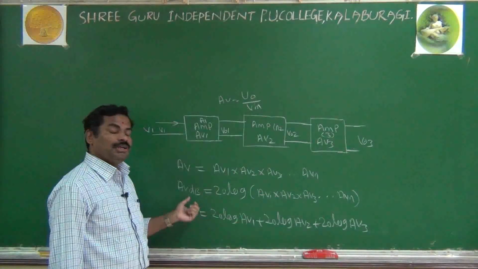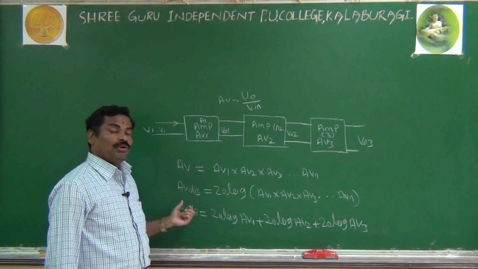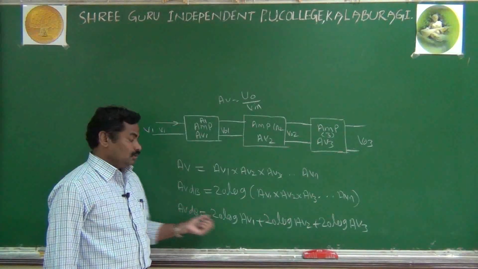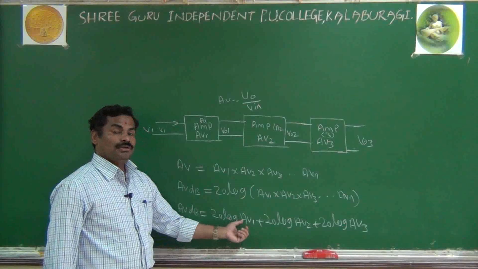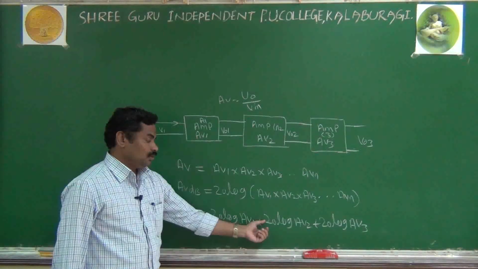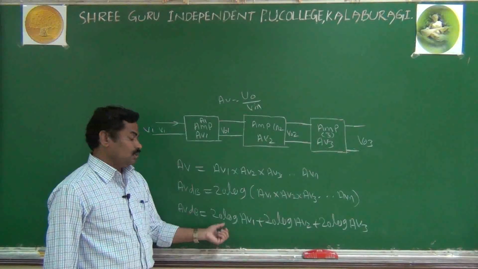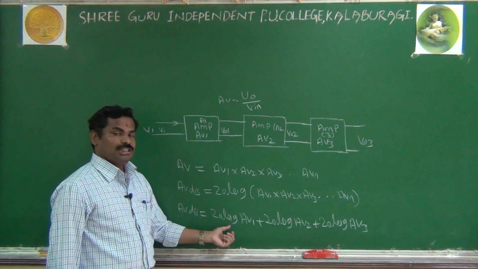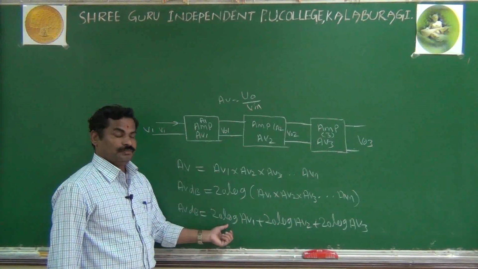But if you use decibels, the overall voltage gain is the sum of the voltage gains of the individual stages, because decibel is a logarithmic scale.